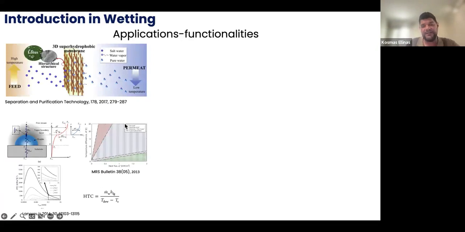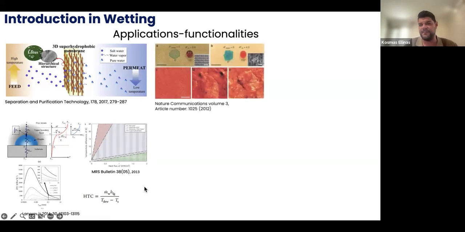We can have surfaces that can transfer heat at a much higher rate compared to normal surfaces. Here you can see that by making the phase change phenomenon of condensation in drops instead of films, I can gain orders of magnitude higher heat transfer capabilities.